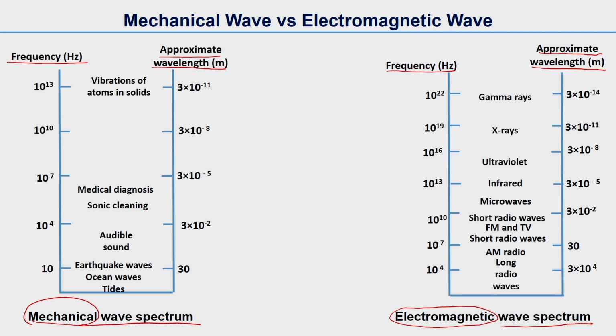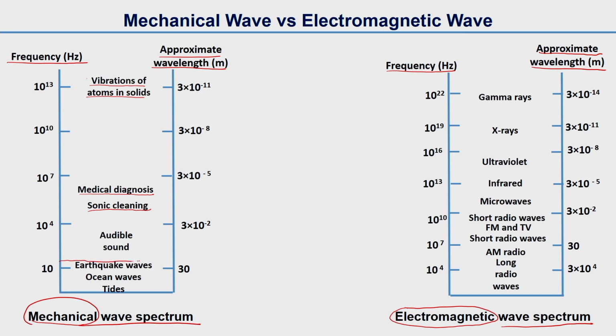very different. If you see the mechanical wave spectrum, vibration of atoms in solids has a very high frequency, around 10 to the power 13 hertz, and then we have medical diagnosis, which also has high frequency, and then sonic cleaning, and then we have the audible sound range.